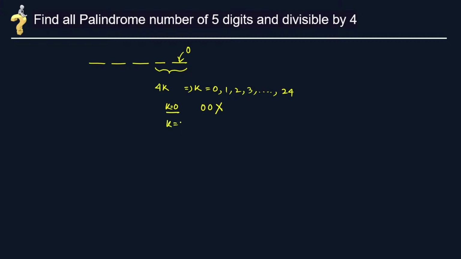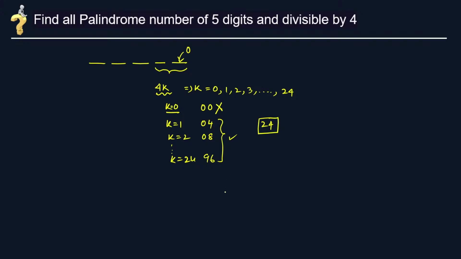Well, if k takes 1, the value of 4k will become 4. That is, the last 2 places will be filled with 0, 4. That is accepted. If k takes 2, it will be 0, 8 and so on. Till k is 24, the last 2 digits will be 96. All are divisible by 4. So how many such numbers are there? 24 such numbers are there.